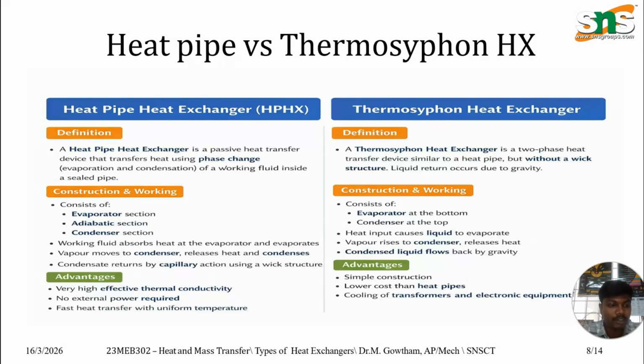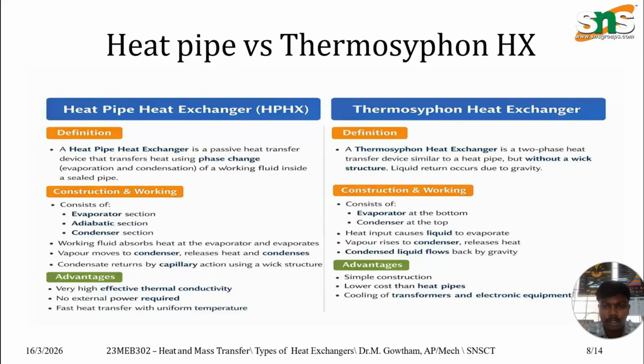Construction and working: it consists of an evaporator section, an adiabatic section, and a condenser section. The working fluid absorbs heat and evaporates. Vapor moves to the condenser and the condensate returns by capillary action. This has the advantage of very high effective thermal conductivity, and no external power is required.